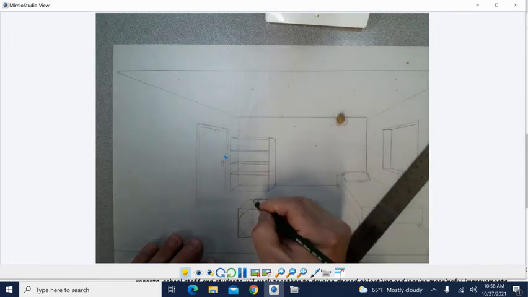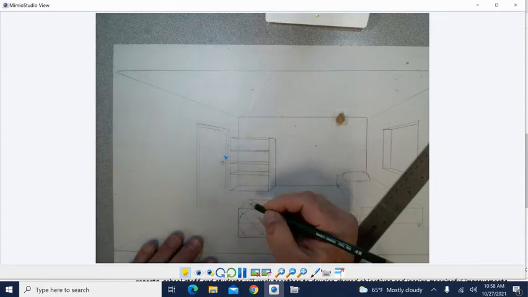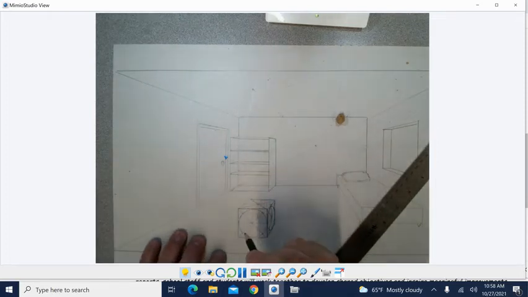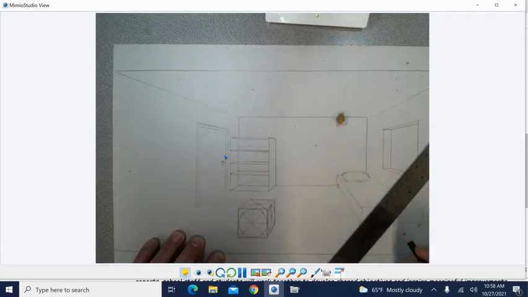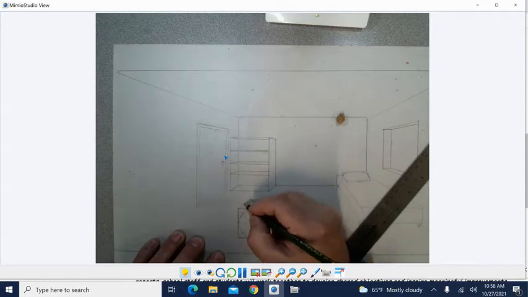And you can now draw a circle on the top of the box, giving the appearance that it's moving away from you. Now you can erase those excess lines after you've drawn the circles.